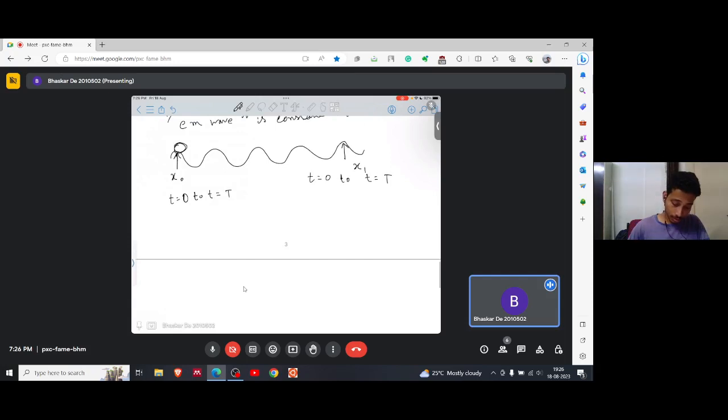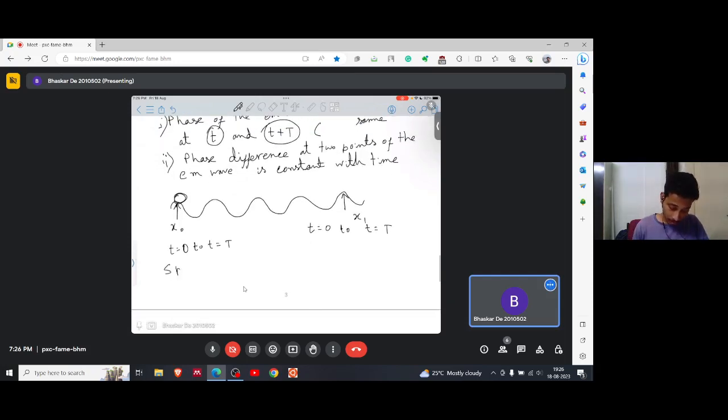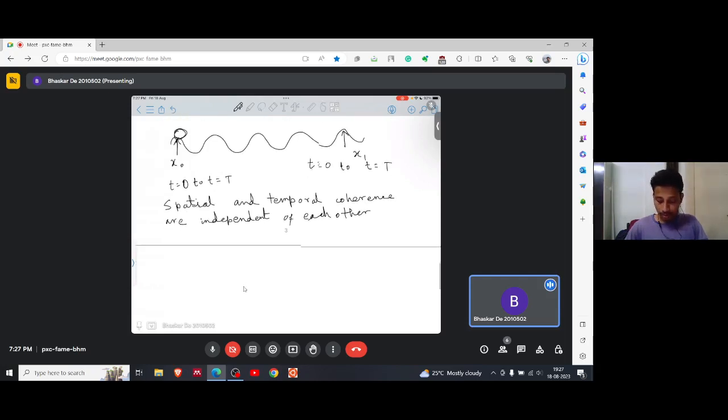So at this point one major thing I need to point out is that spatial and temporal coherence are independent of each other.